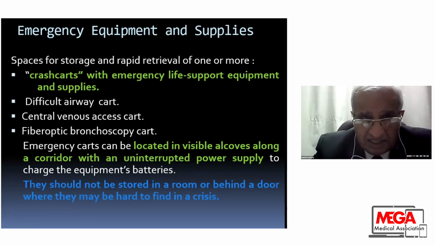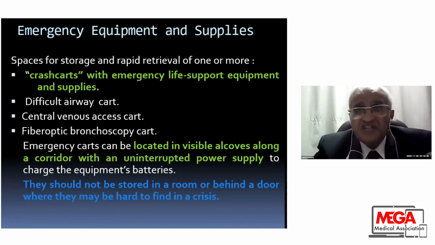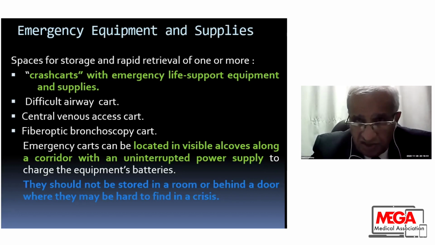Emergency equipment and supply: spaces for storage and rapid retrieval of one or more. What is the emergency equipment? Crash carts with emergency life support equipment, difficult airway cart, central venous access cart, fiber optic bronchoscopy cart.